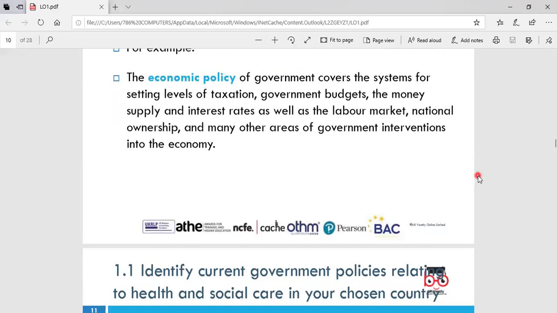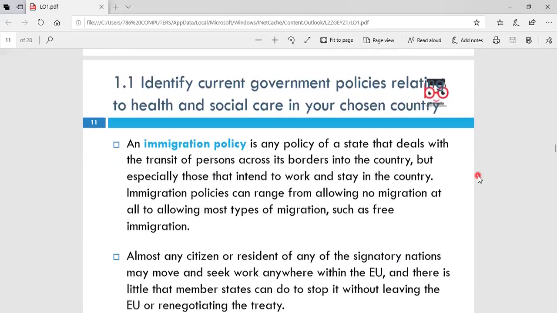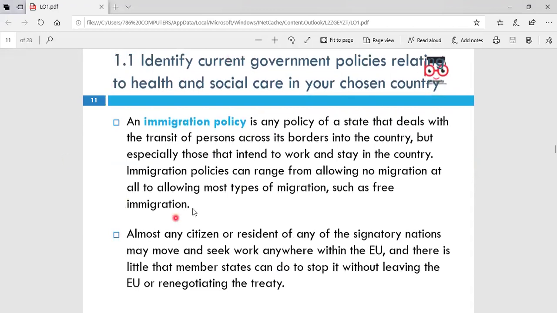So you have an economic policy also. Then you have the immigration policy. This lecture makes you aware of what policies you can talk about or write about in your assignment.